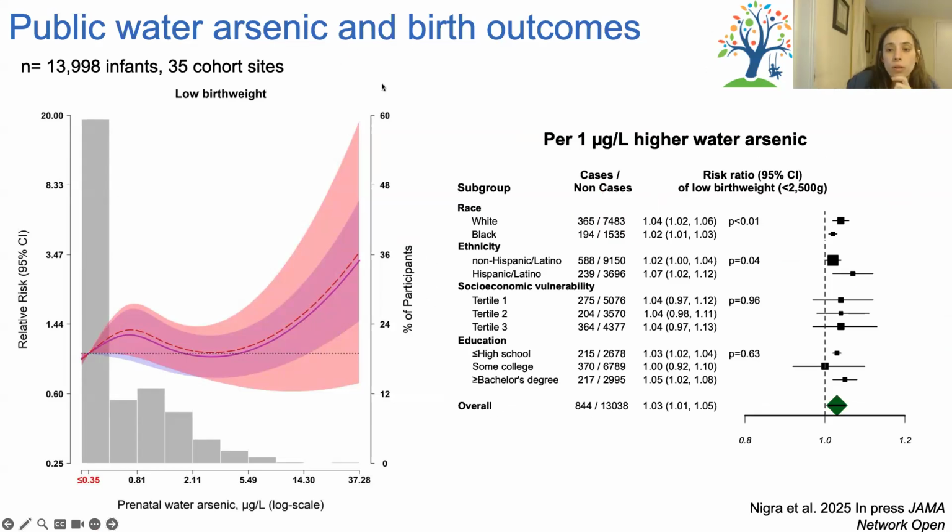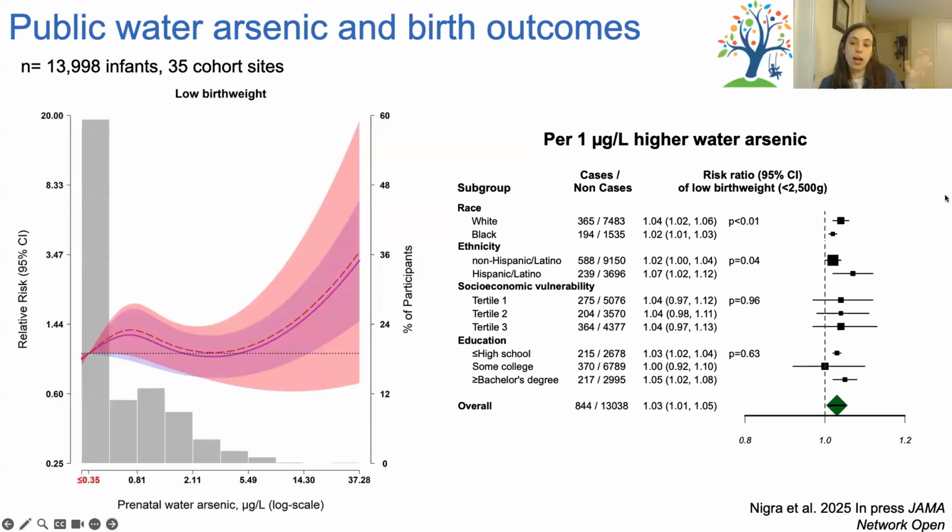The other thing we really focused on was looking at, again, potential effect measure modification, differences by subgroups, which is always important for my team to look at. And so in a linear model where we're looking at the relative risk for a 1 microgram per liter higher water arsenic, which again is a very small jump on the exposure distribution, overall our risk ratio is 1.03.